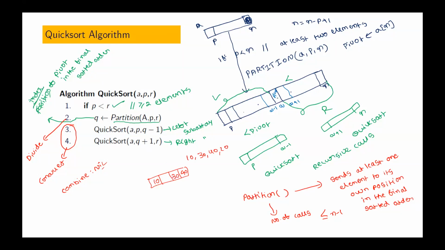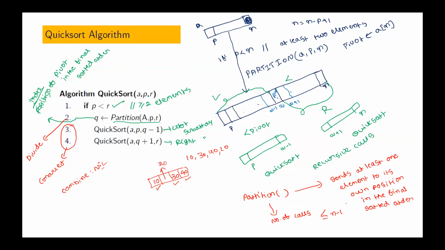Will 20 be in its own position or not? Automatically, yes. The remaining element is 20, so automatically 20 will be there.